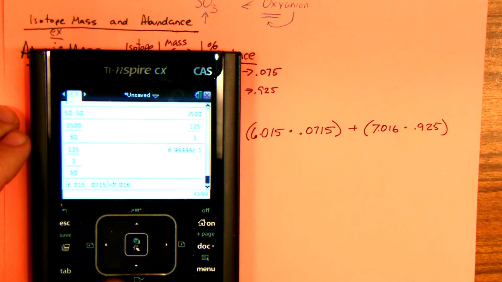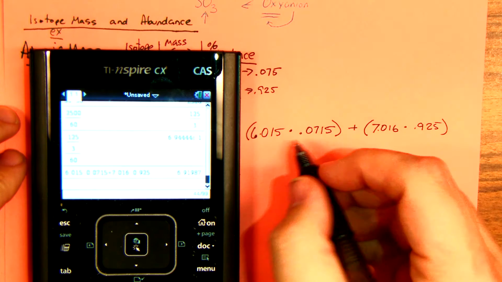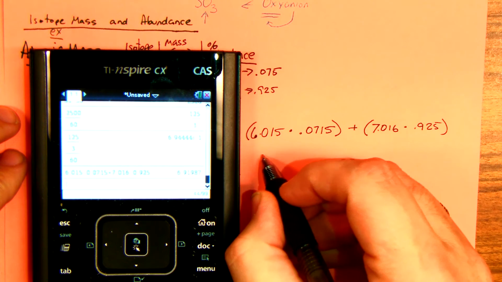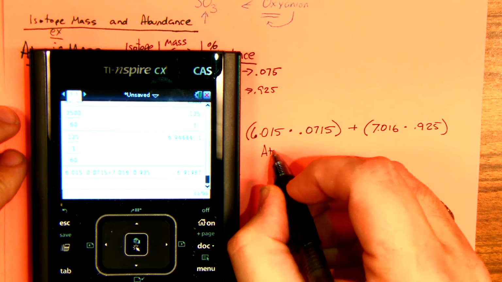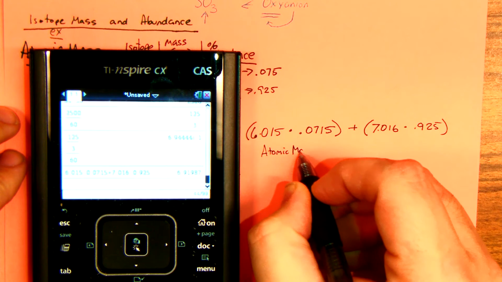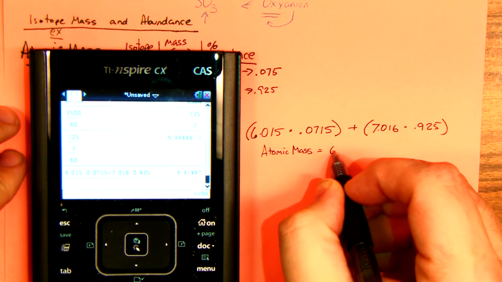I love parentheses. Times 0.925, and we get an atomic mass that's equal to 6.91987 AMUs.